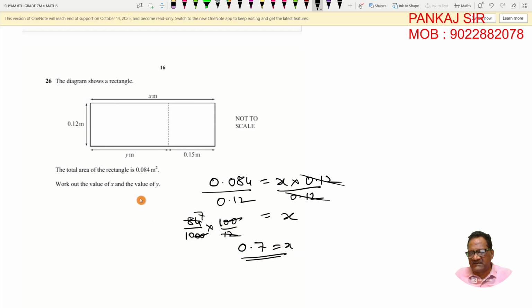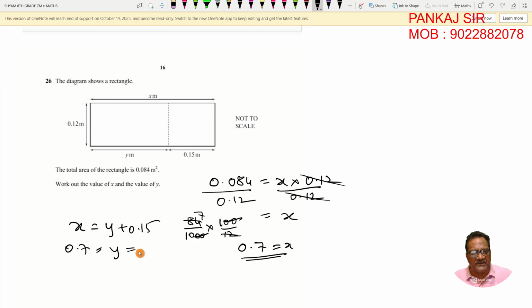Right? Now y. Okay. So for y, I can see this is x, and this x will be equal to y plus 0.15. Now x you already got, 0.7.